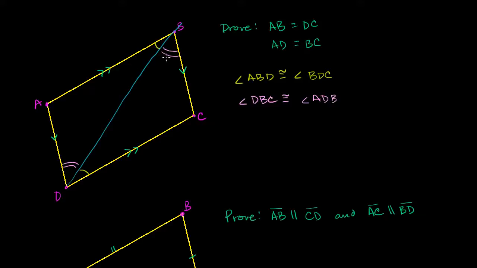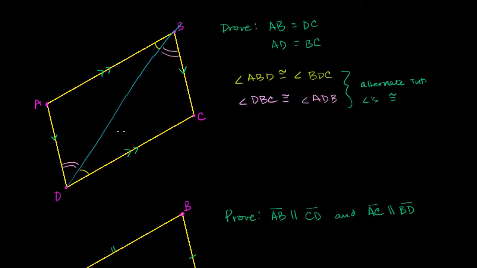They are alternate interior angles of a transversal intersecting these two parallel lines. So I could write this. This is alternate interior angles. Interior angles are congruent when you have a transversal intersecting two parallel lines.